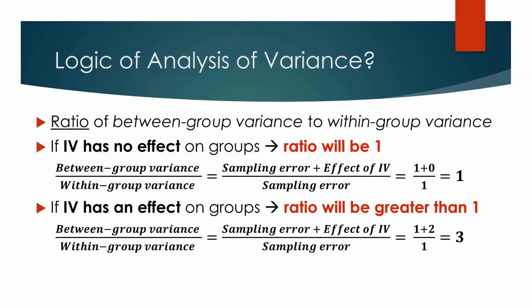The further that number is from 1, or from 0, but let's say 1 for the sake of this slide, the more of an effect the IV may be having on the DV. So that is the logic behind the analysis of variance. It looks at how different the groups are from each other and how different the groups are within themselves, and compares those two measurements to each other.